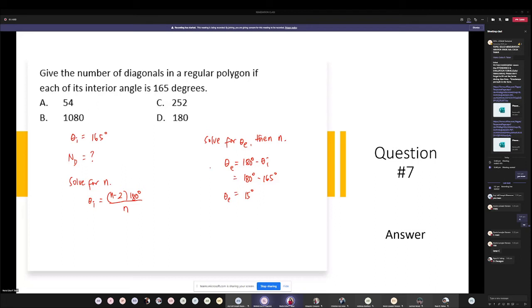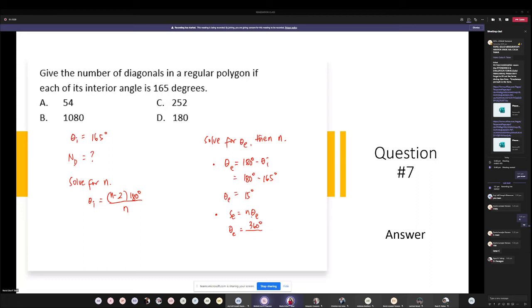After solving for theta sub e, we can solve for n. Solving for n, we can use the summation of exterior angles, n times the measurement of each exterior angle. To get each exterior angle, you divide 360 degrees by the number of sides.